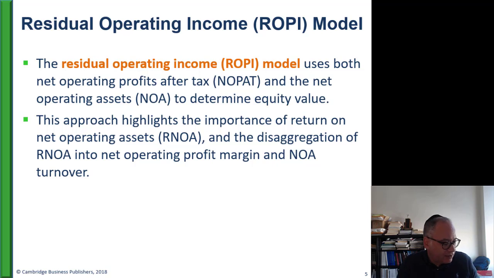And it separates the operating aspect of the company from the non-operating, i.e. the financing aspects of the company, which would be based on whatever the market does for the company. And instead we focus strictly on operations, which is how good the company is at generating profits using its operating assets.